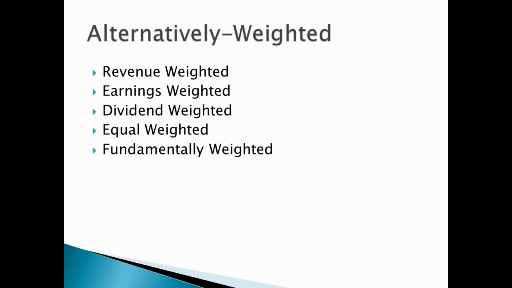Some do it by dividends, the dividend paid out by companies. Sometimes it's equal weighted. It may take, say, the S&P 500, and each stock does count 1/500th in the portfolio. And finally, there's another way of doing it based on fundamentals. And we're going to take a little deeper dive on fundamentals on the next couple of slides.